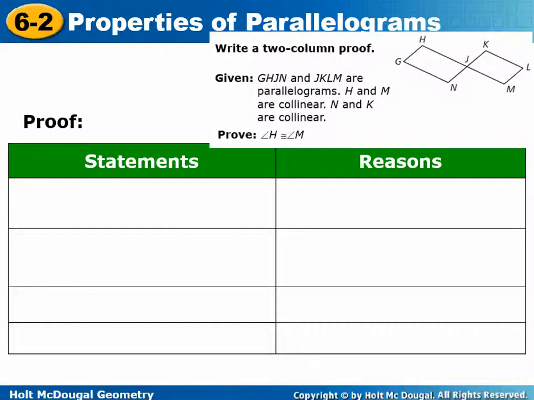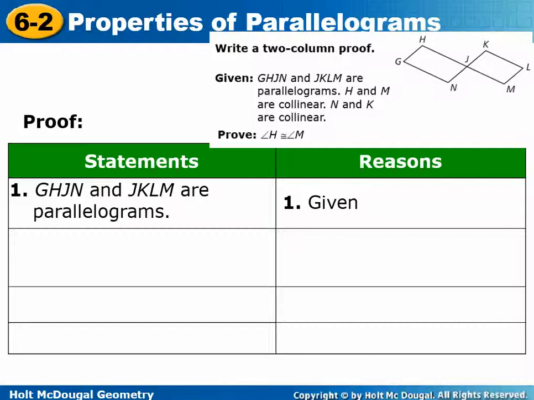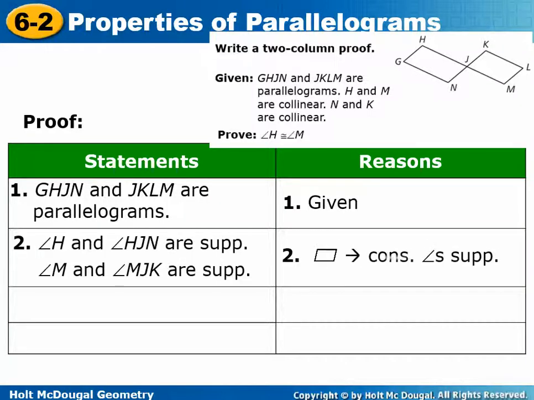All right, so here's what we're trying to prove here. Our first thing is we would write all that, as much of our given in that we need, so we know they're parallelograms. And from that, we know that angle H and angle HJN, this angle here, have to be supplementary, because that's part of one of the theorems about a parallelogram, that consecutive interior angles are supplementary.